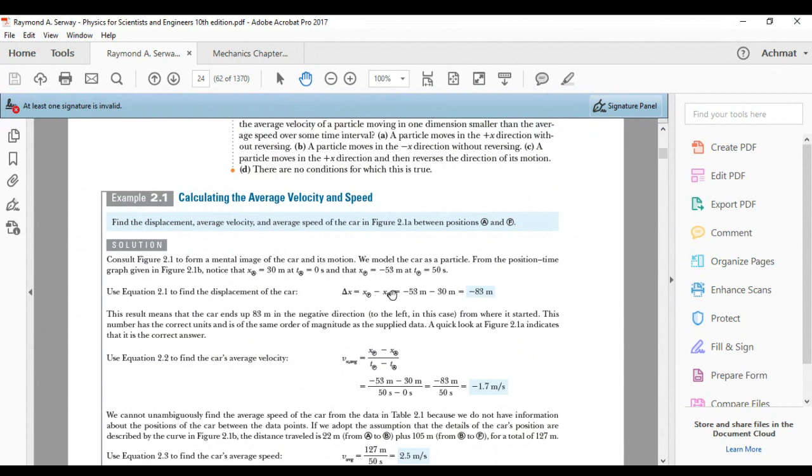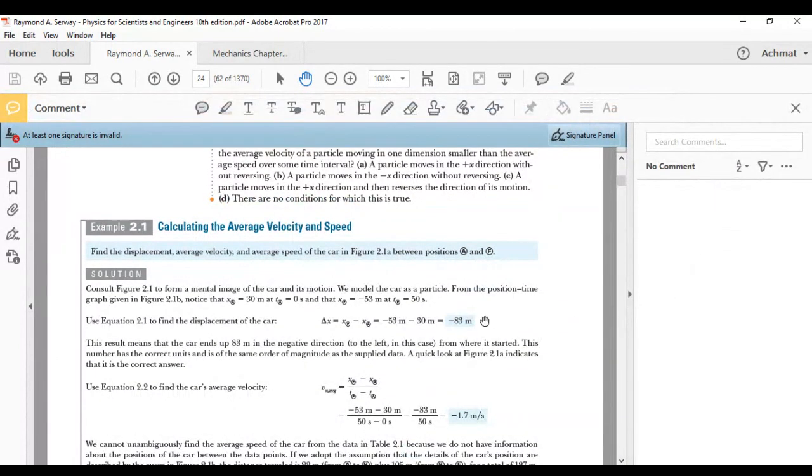If this had been a minus 30, then what we would have done is something like this. Let me just get my pen going here. Is my pen not working? There we are. Assuming this had been minus 30, then we would have had minus 53.